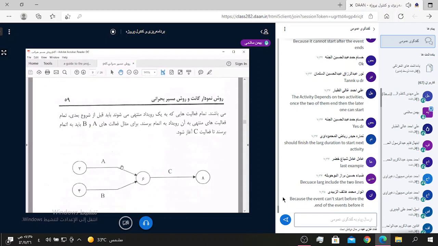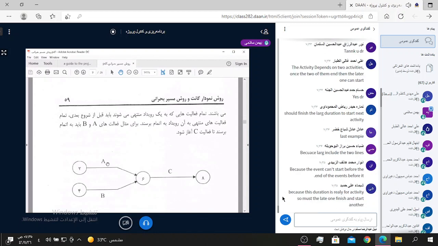We use the larger number, because activity A and activity B should both finish before activity C can start. Activity C can start after activity B finishes on day 12.